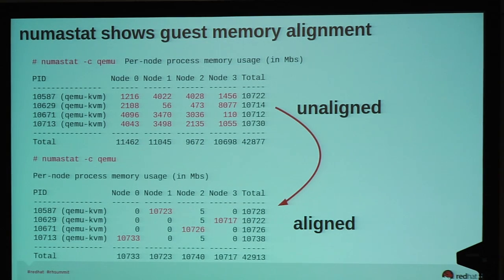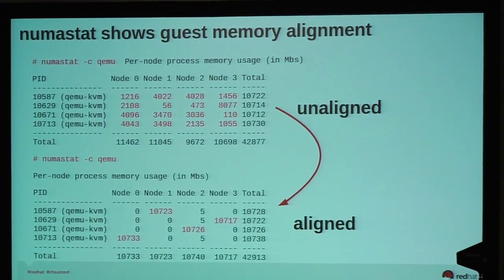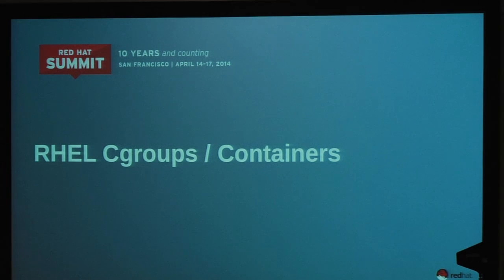Right. And so, again, you guys can monitor your own systems. That's available in 6.5, and it was tech preview in 6.4. This numastat enhancement lets you monitor your processes on a node-by-node basis. Sophisticated users can dig into the proc file system and find this information, and we're just exposing it with tools.